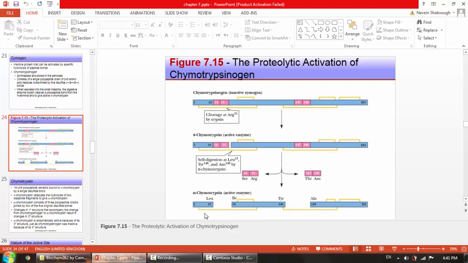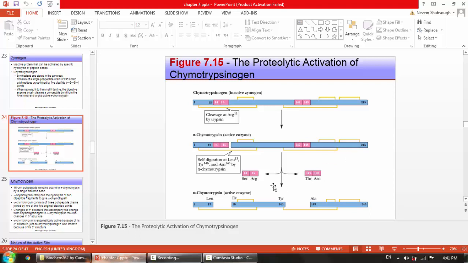Inter means between 2 different chains. So whenever we read the word chymotrypsin, it means alpha chymotrypsin unless otherwise specified.